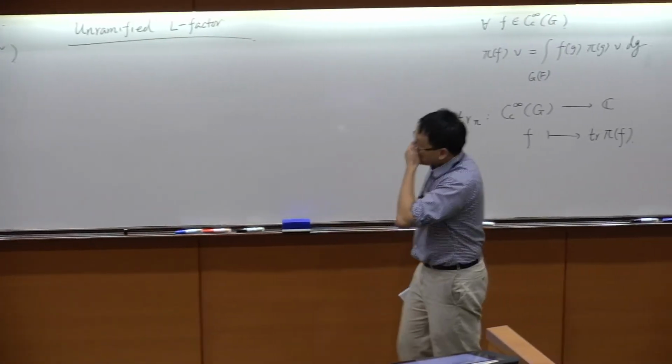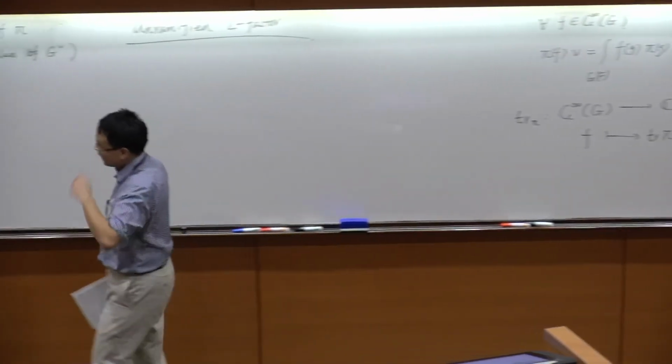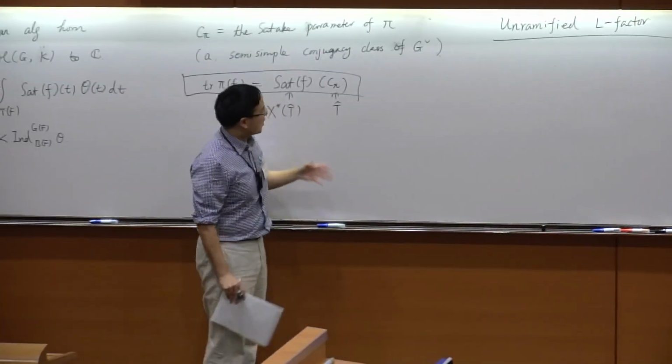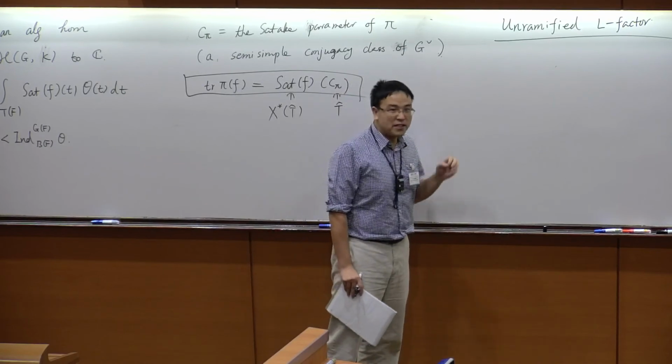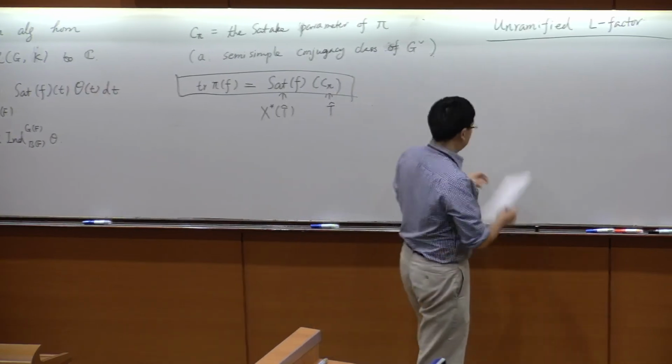Okay. So to do that, I'm going to put constraints on the G. And later on, I will explain why we need those extra assumptions.